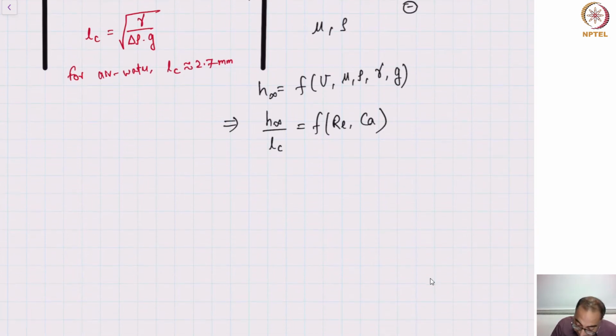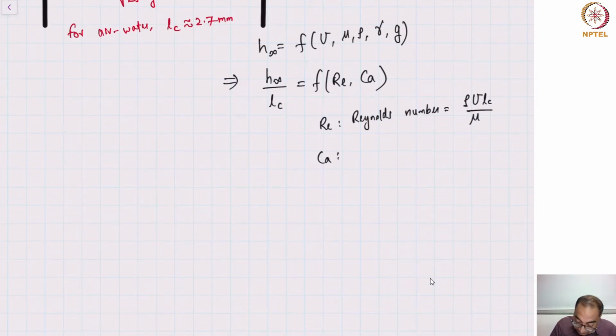So here Reynolds number is rho u LC by mu. This is inertia to viscous forces. And then we have capillary number mu u by gamma.